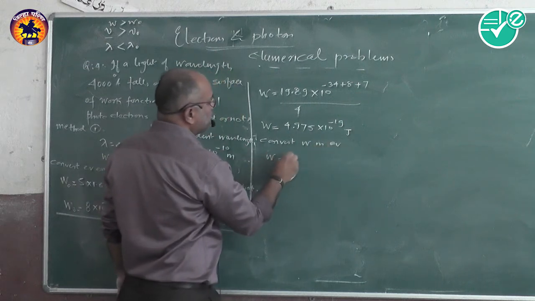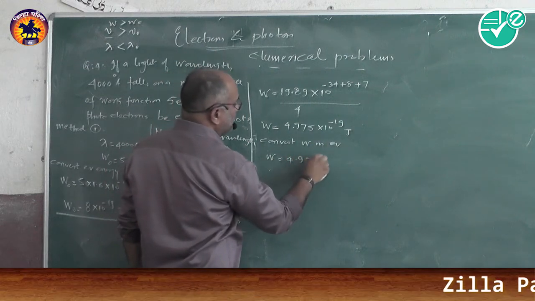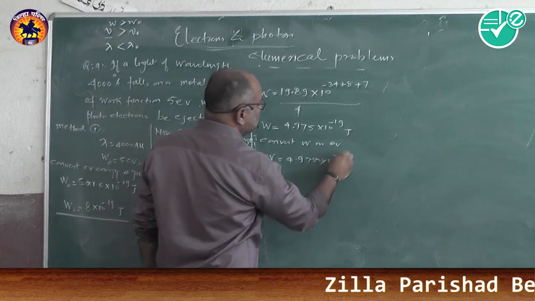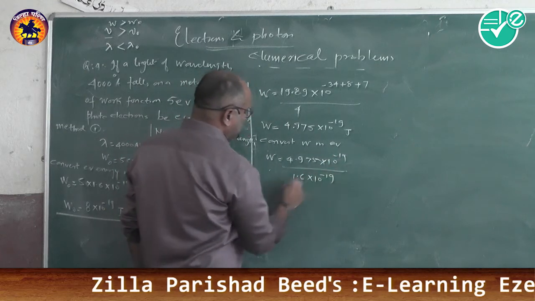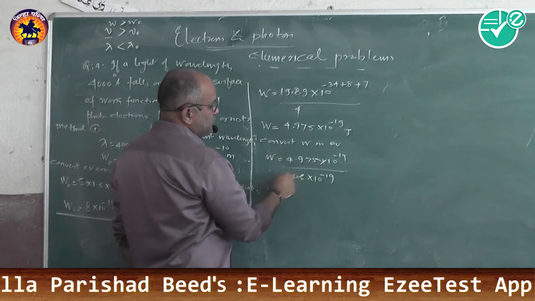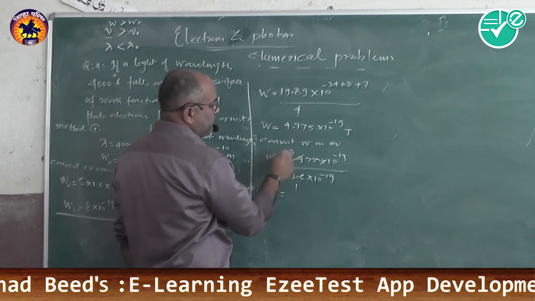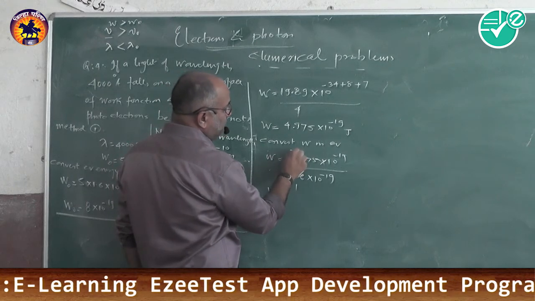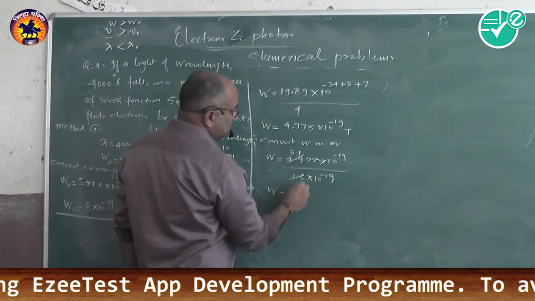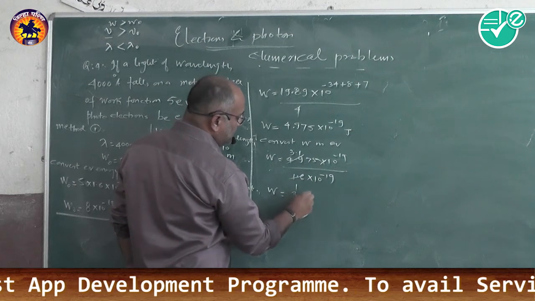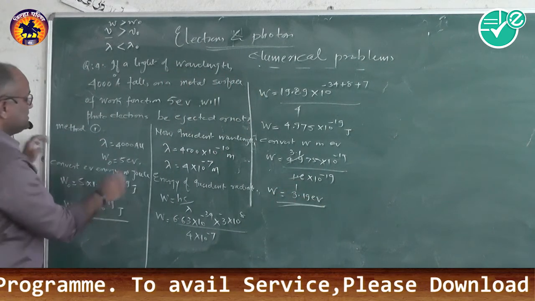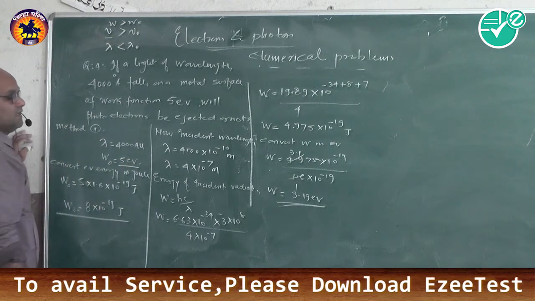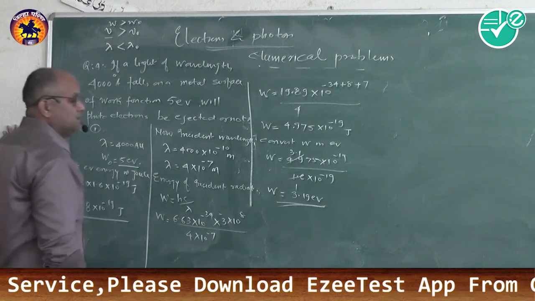So W is equal to 4.975 into 10 raised to minus 19 divided by 1.6 into 10 raised to minus 19. So W is equal to 3.11 electron volt. Now look here, this is the work function, this is the incident energy.